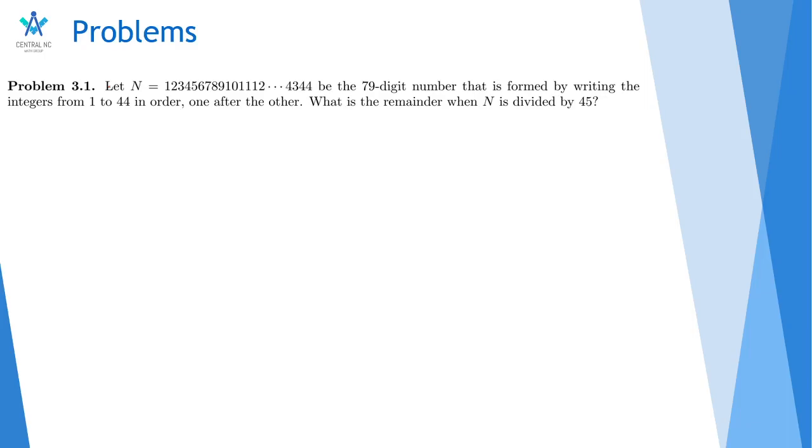Well, calculating the remainder of 45 may seem a bit complicated to us, but with CRT, we can do reverse CRT, and we can calculate n in modulo 5 and modulo 9. Why?